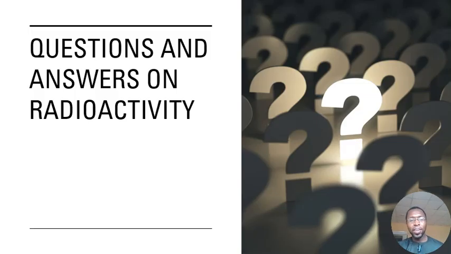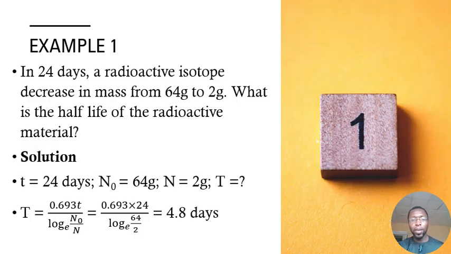All right, example one says in 24 days, a radioactive isotope decreased in mass from 64 grams to 2 grams. What is the half-life of the radioactive material? Okay, as our usual practice, let's write our parameters out.